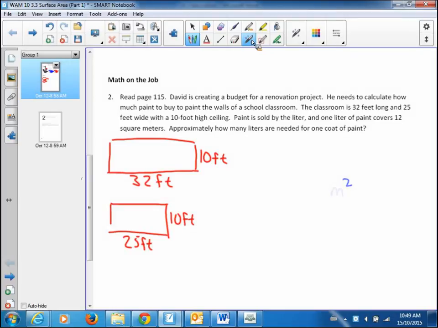So, convert to meters, using the previous section, right? Convert everything to meters. And then find those areas in meters squared. Then you can use this paint calculation. Okay?